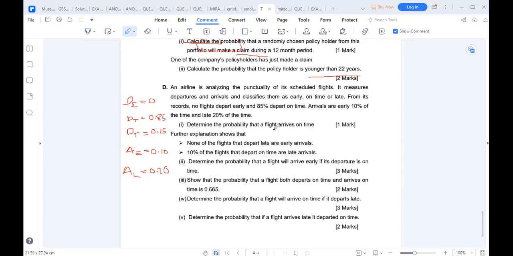So how do we know that it arrives on time? When it departs on time. So this one, arriving on time, should be the same as if it departs on time. So if it's leaving on time, you simply arrive on time. So 0.85. That's why we're getting 1 mark there.